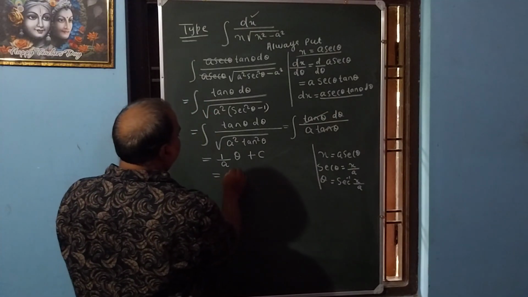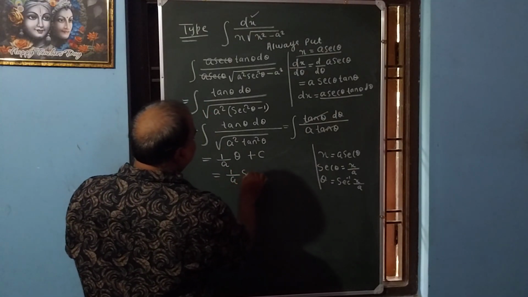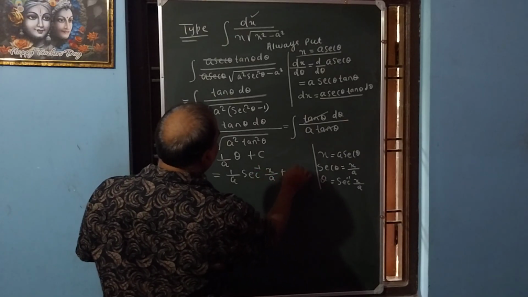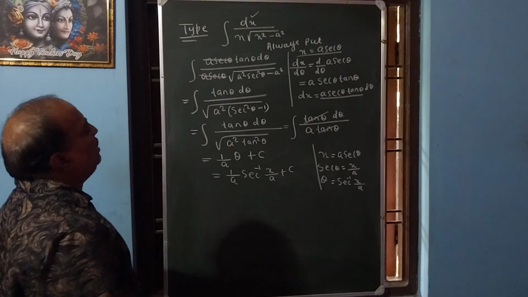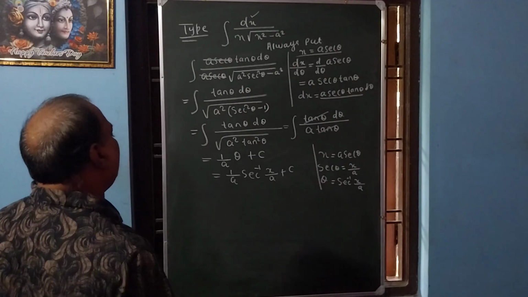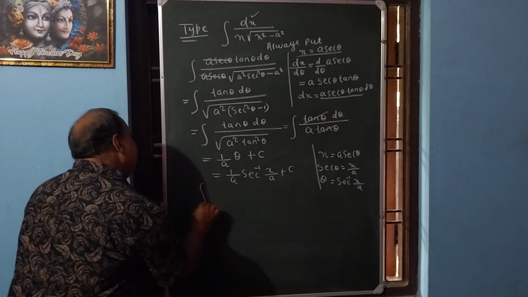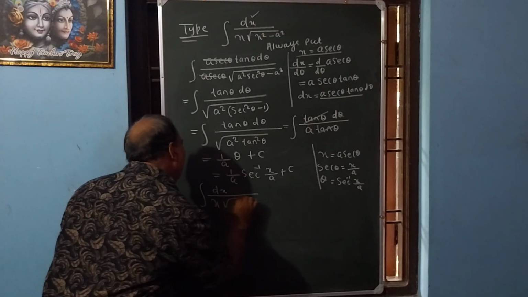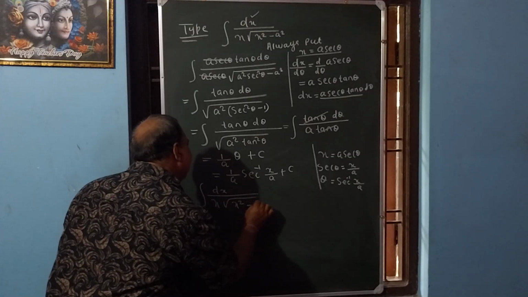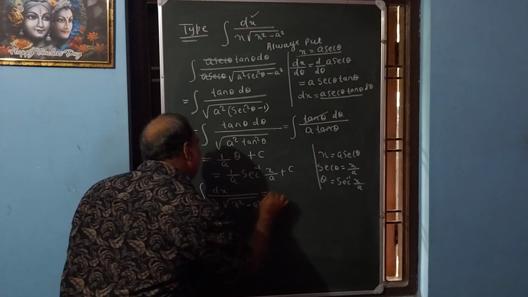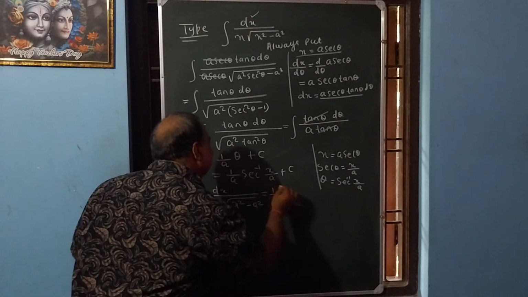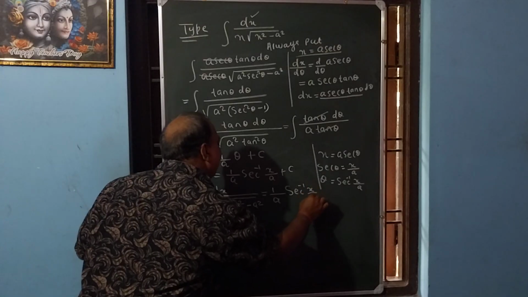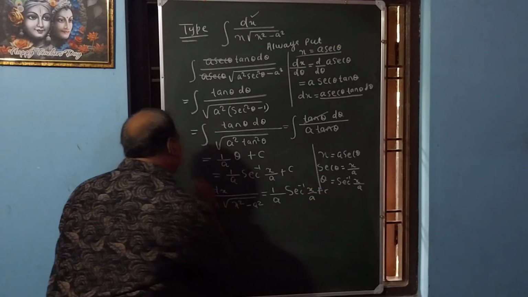So the value will be 1 by a sec inverse x by a plus c. You have to remember, this is one important formula. Integration of dx upon x into root over x square minus a square is equal to 1 by a sec inverse x by a plus c.